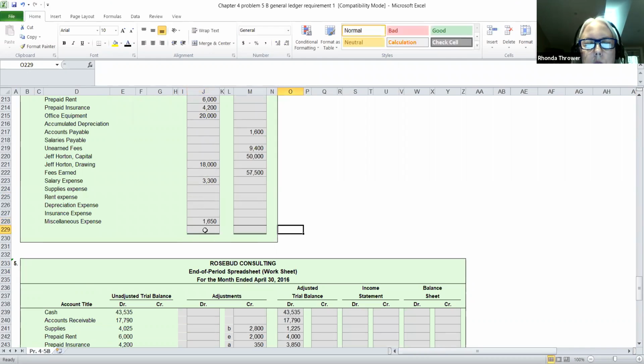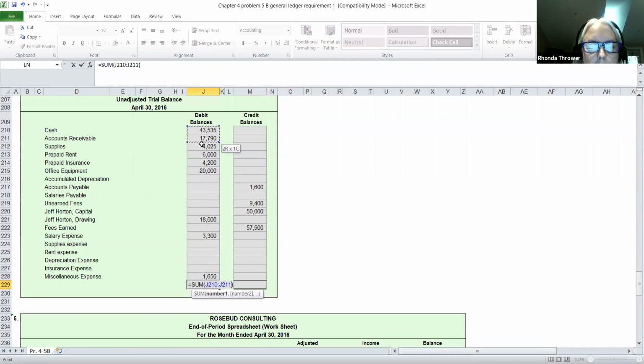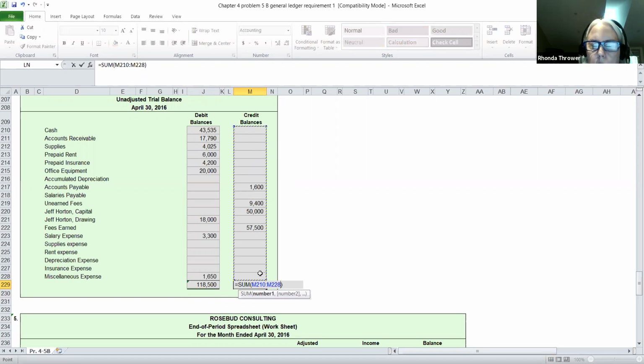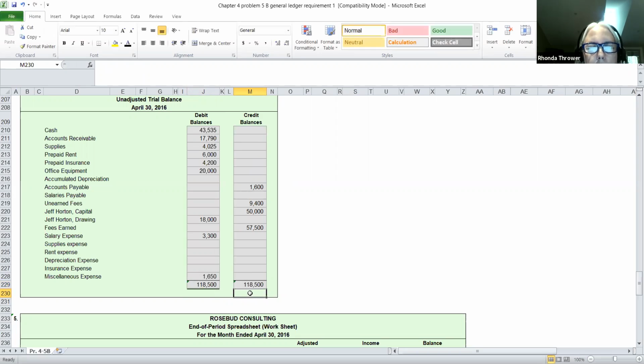And then I'm going to total up my balances on the debit side. You want to find your total debits. And I'm going to total up my credits. And notice we're in balance.